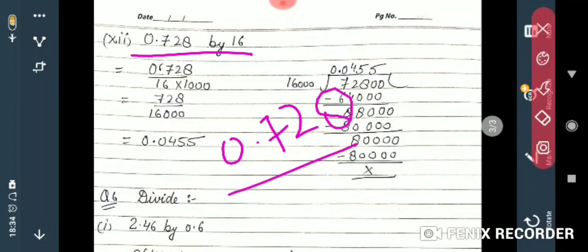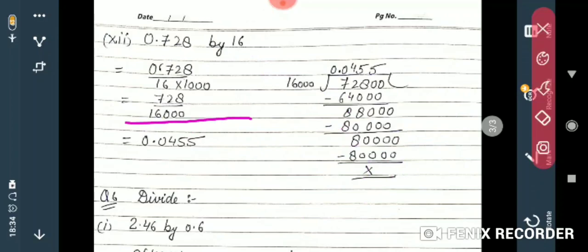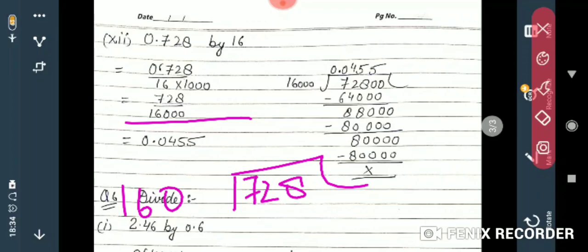Next question. 0.728 upon 16. We'll remove the point. Multiply 1, 2, 3. So 1000. 3 digits are there. So you can write it as 728 divided by 16,000. So just divide. Just see, 728 by how much? 16,000. Just see here how many digits are there, 5, and here only 3 digits.